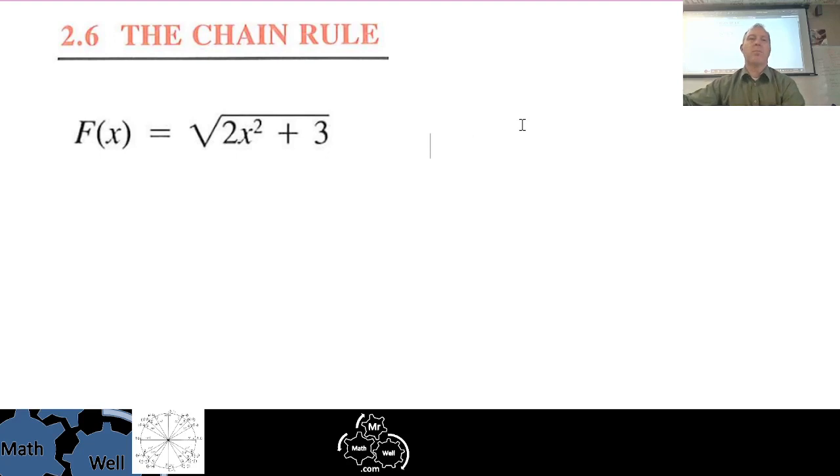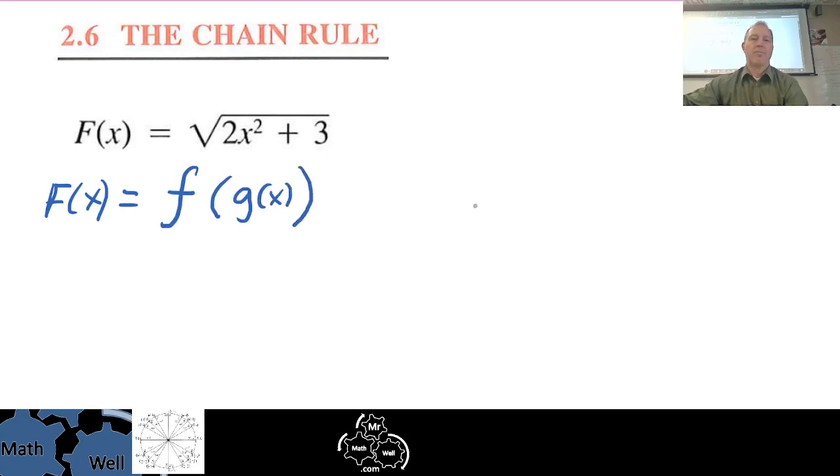You might remember that a composition of functions would be like if we had g of x inside of f of x. So we've dealt with adding, subtracting, multiplying, and dividing. Now we're dealing with composition of functions, where we have a function within a function.